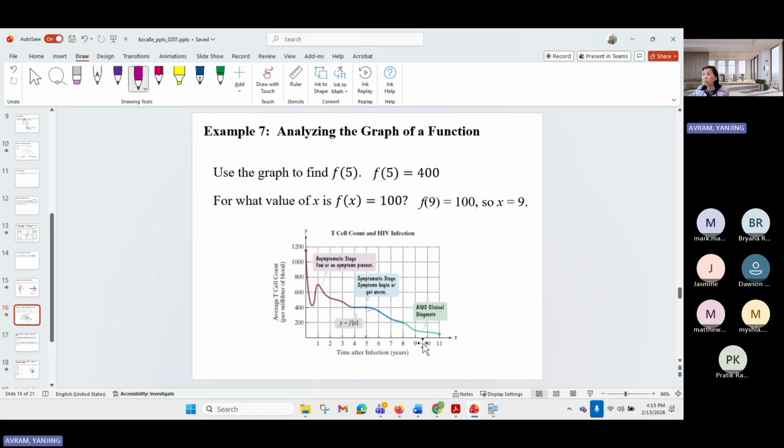So I think you can do the blood test to identify a person, got this one is the HIV infection, right? Horrible one. Okay. All right. So at what value of x is f of x 100? All right. So we want to find, for y equals 100, the x value.